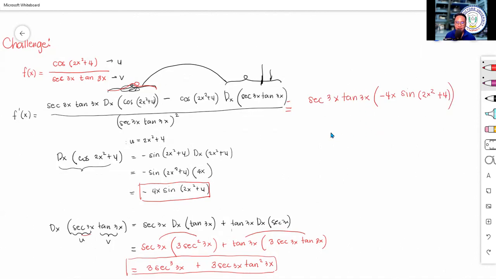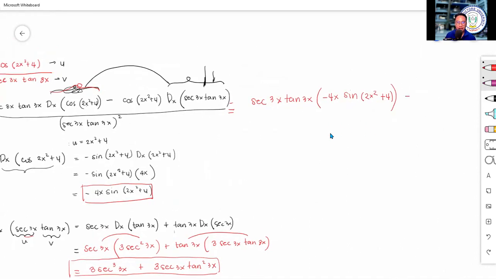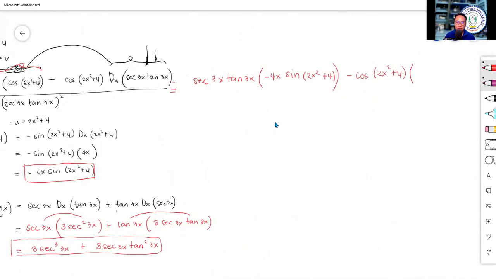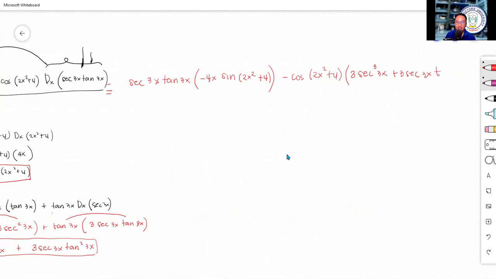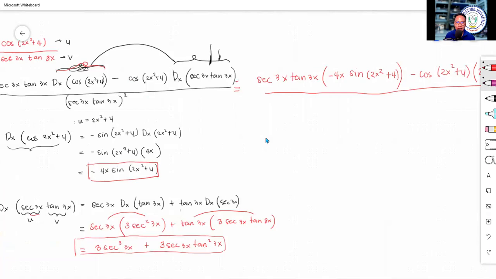Then minus cosine of 2x squared plus 4, times what is below: 3 secant cube 3x plus 3 secant 3x tangent 3x, over the denominator, secant 3x tangent 3x squared.